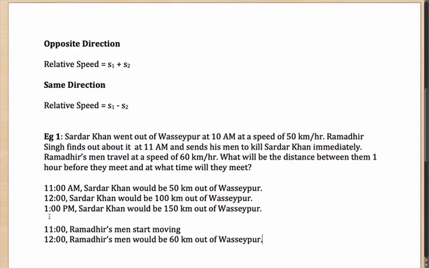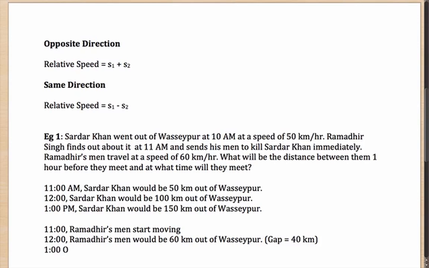Please note, at 11 a.m., the distance between Ramadhir's men and Sardar Khan was 50 kilometers. At 12 noon, Sardar Khan is 100 kilometers out, Ramadhir's men are 60 kilometers out. So, the distance or the gap between them has now reduced to 40 kilometers.